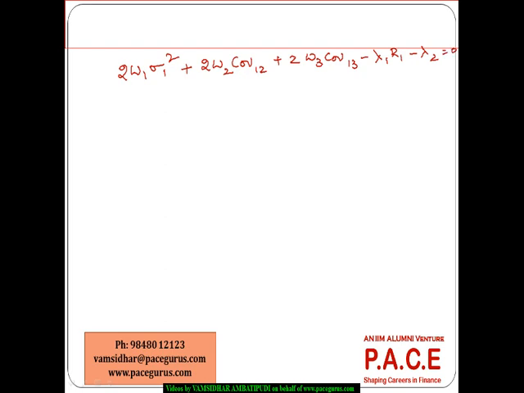Same logic, if I take it a little bit deeper, it becomes 2W1 covariance 1, 2, plus 2W2 squared sigma 2 squared plus 2W3 covariance 2, 3, minus lambda 1 R2 minus lambda 2 is equal to 0.